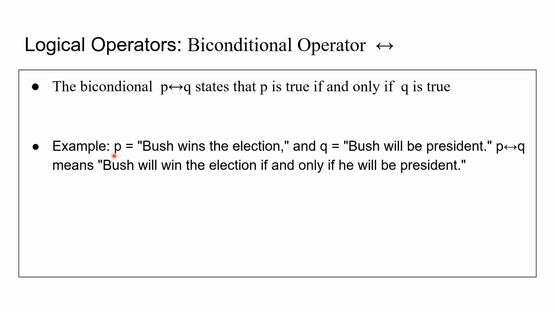For instance, let's take a look at an example. P equals Bush wins the election, and Q equals Bush will be president. P biconditional Q means Bush will win the election if and only if he will be president.